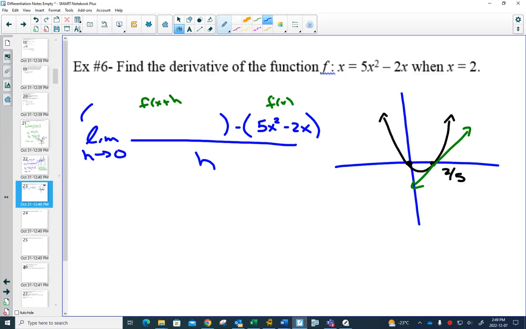You would have 5 times x plus h squared. Would you agree that x plus h squared would be x squared plus 2xh plus h squared? Minus 2 times x plus h would be minus 2x minus 2h, because you distribute the minus 2.